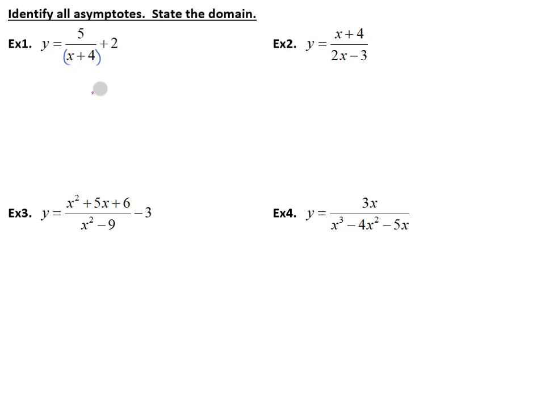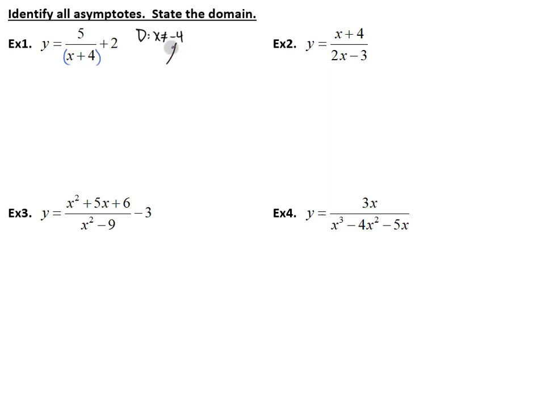And then we can state our domain. We know from before that our domain could be all real numbers as long as x does not equal negative 4. There's our domain. Since there's no factors that cancel between the top and bottom, that means this graph does not have a hole in it.